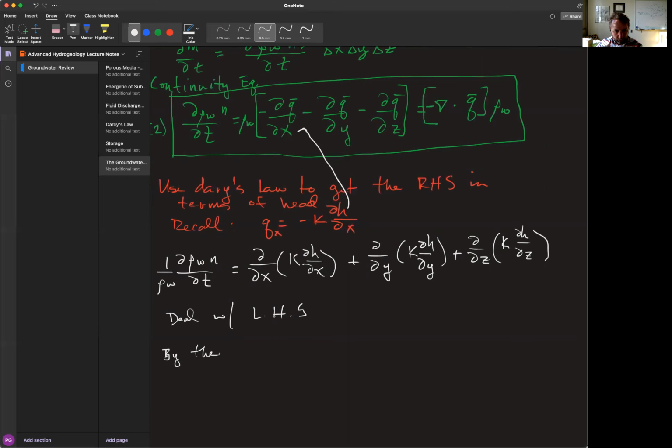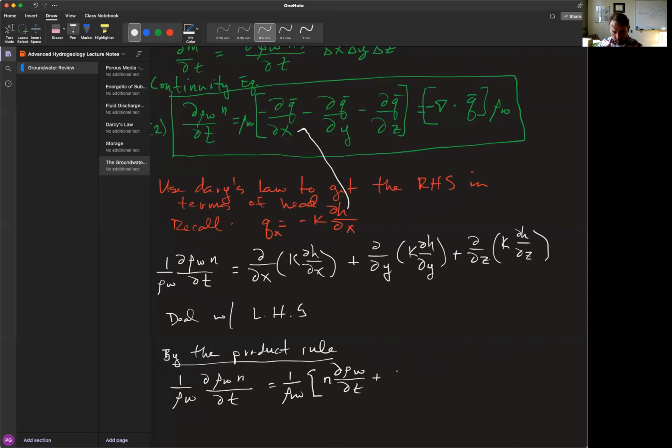By the product rule, we can write our left-hand side, 1 over rho water d(rho water n)/dt, as equal to 1 over rho water times the derivative of the first, second, plus the first, derivative of the second.